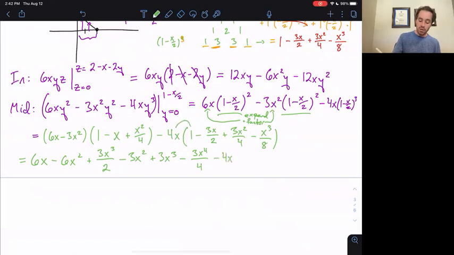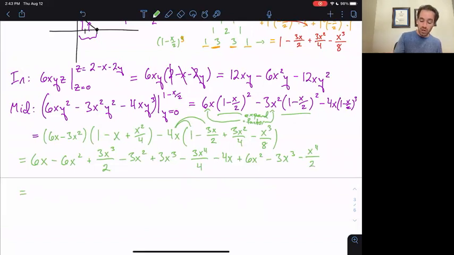Minus 4x plus 4 and 2 simplify down to a 2 on the top. So there'll be plus 6x squared, because it is x times x, minus 4 and 4 cancel. And we have x times 3x squared for minus 3x to the third. 4 and 8 cancel down to have a 2 on the bottom, and it will be minus x to the fourth over 2. One more step where we'll collect like terms.